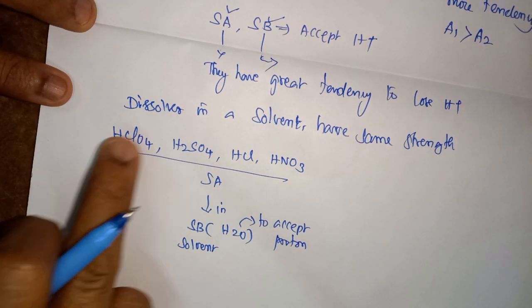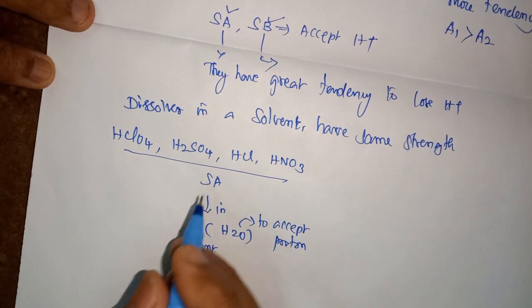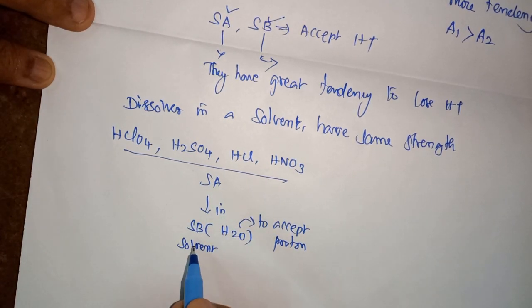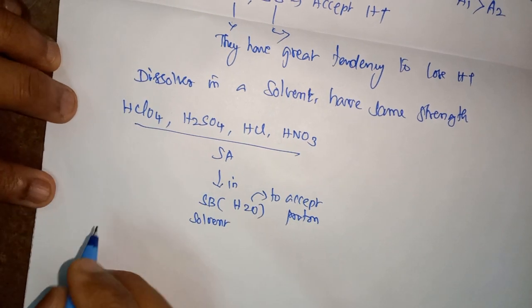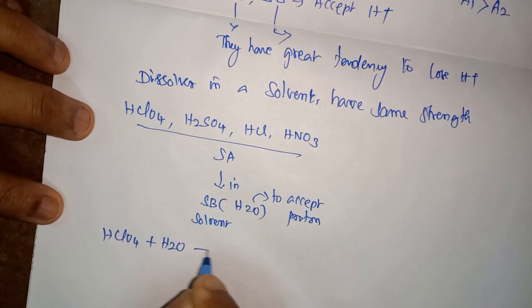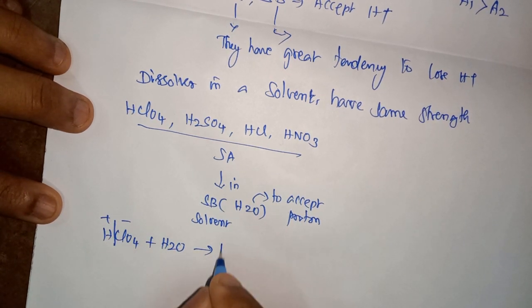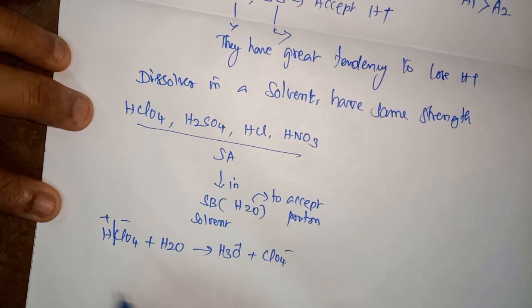So I take strong acids and dissolve these strong acids in a strong base. When I do like this, what happens? I take HClO4. When it is dissolved in water, it splits. This H plus is taken up by H2O and it becomes H3O plus and the anion part of the acid.